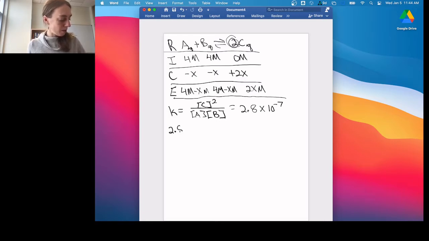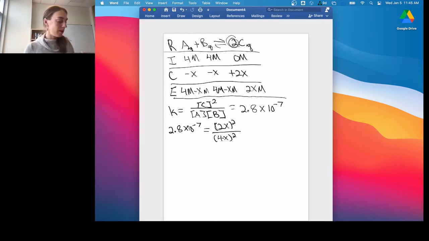So we have 2.8 times 10 to the negative 7th equals (2x) squared over (4 minus x) times (4 minus x), so we can just simplify that out to (4 minus x) squared.